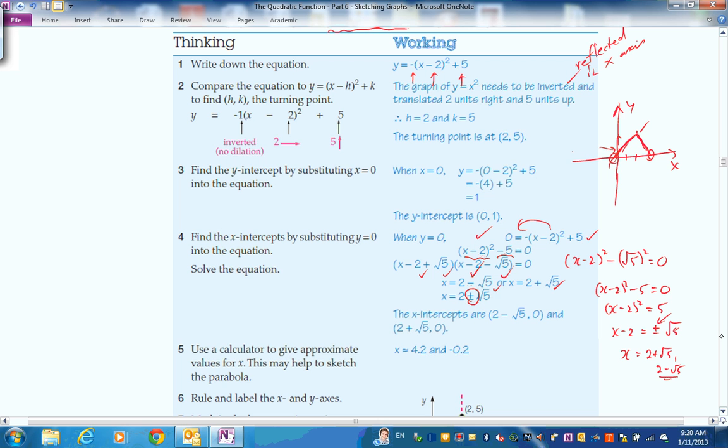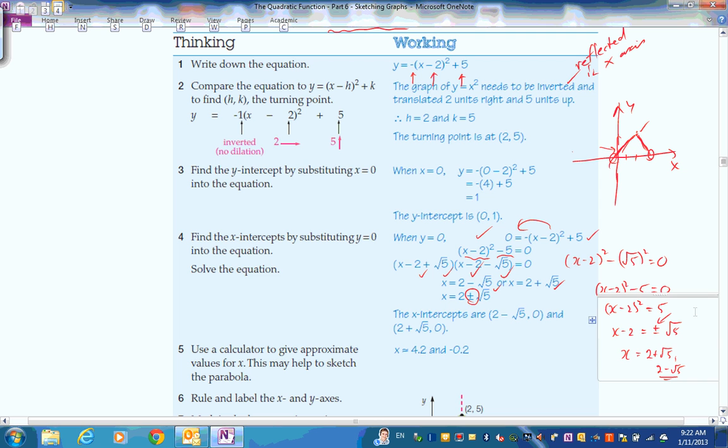Okay, so that one wouldn't have factorised even if it was expanded. So what's this? This is (2 take root 5, 0), and this is (2 plus root 5, 0). So not nice numbers there, not rational. They're third form when you have that square root sign.